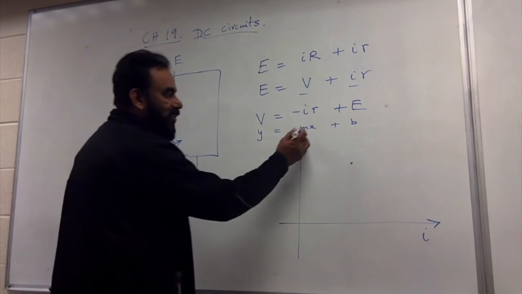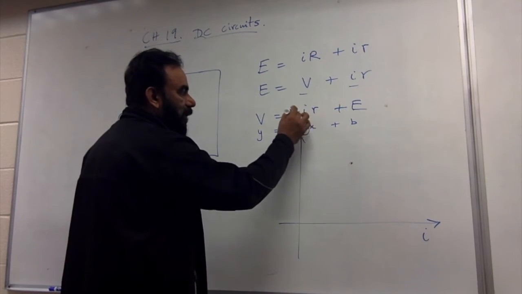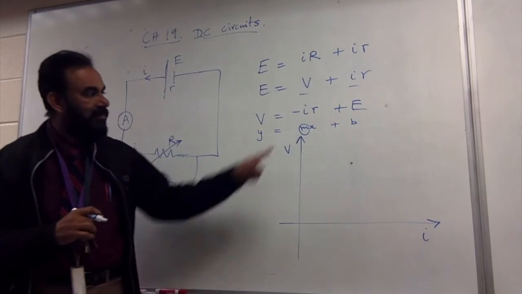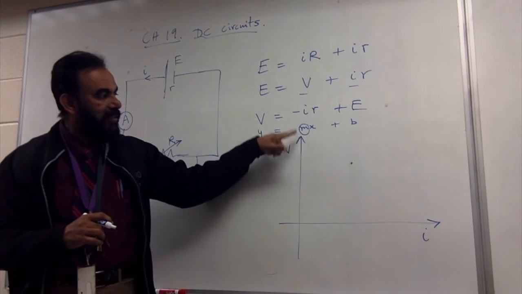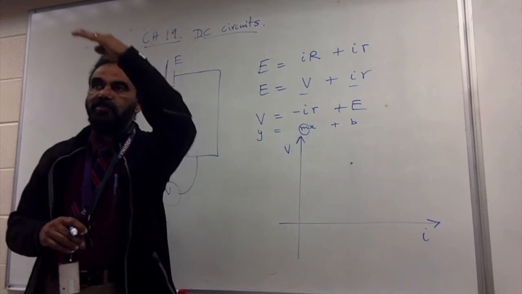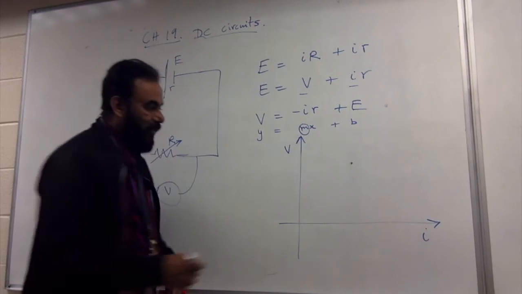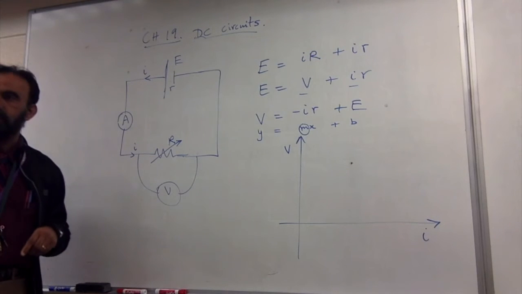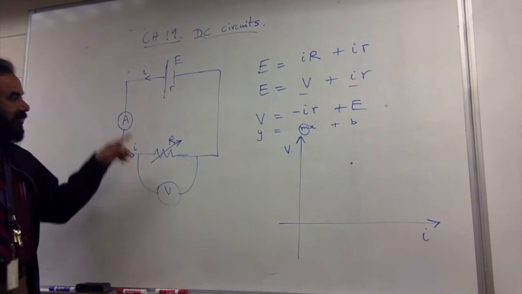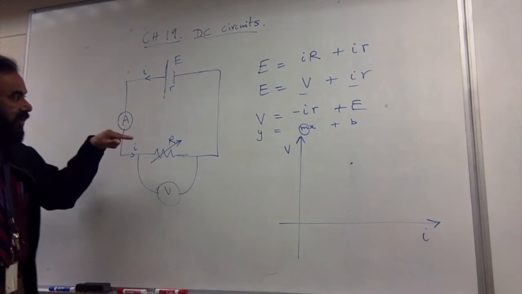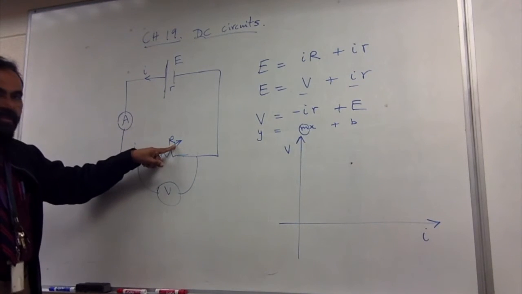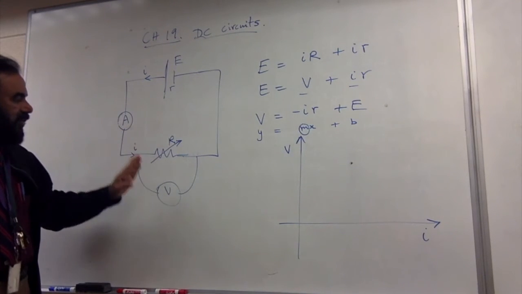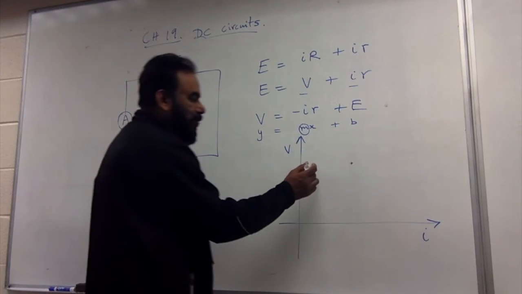Good, because the slope is minus r, which means it's pointing downward. If you really do this experiment, which I'll probably try to give you a setup for, you change the resistance, find the ammeter reading and the voltmeter reading, and you will get a couple of points like that.